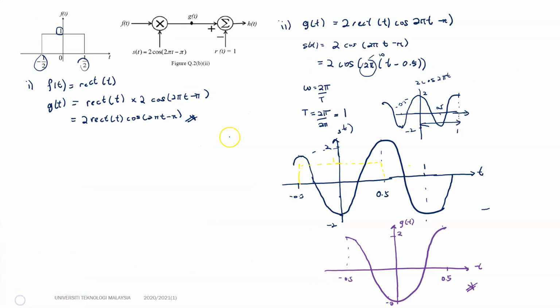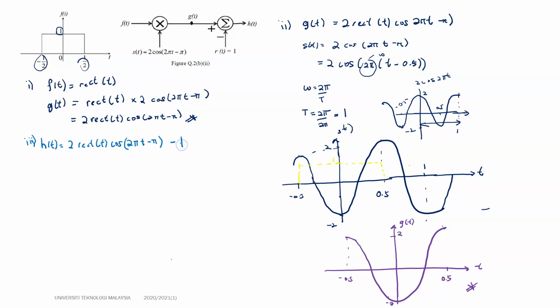So let us answer here. Question 3: ht is gt minus 1. So we just write ht is equal to 2 rectangle t cos 2 pi t minus pi, and then we minus this 1.